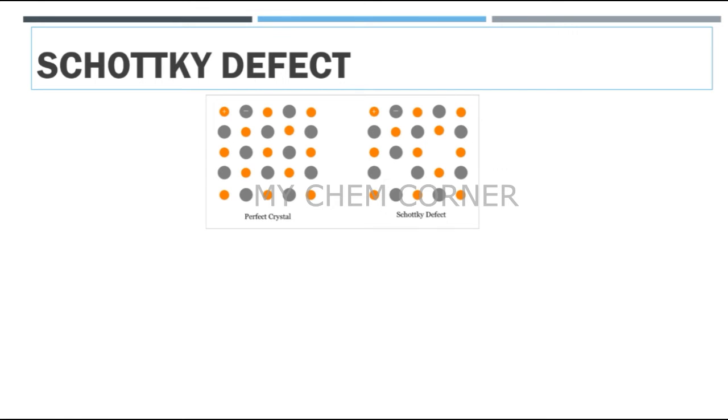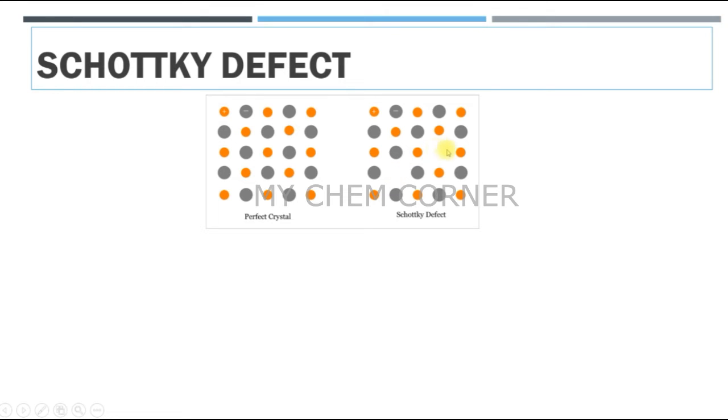Now in Schottky, I have a perfect crystal here. If you see these orange dots, they are all cations, and these gray dots are all anions. When you see the next picture, what do you see missing? From this point, you see that a gray dot is missing, or an anion is missing. And over here, you see that a cation is missing, which is the orange dot.